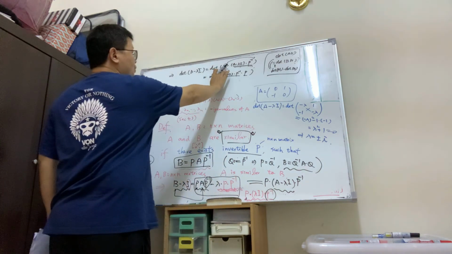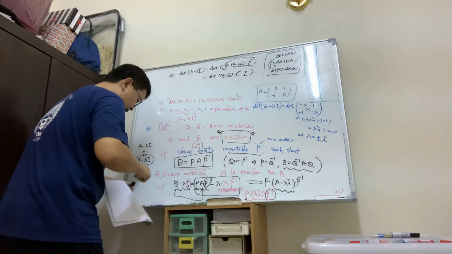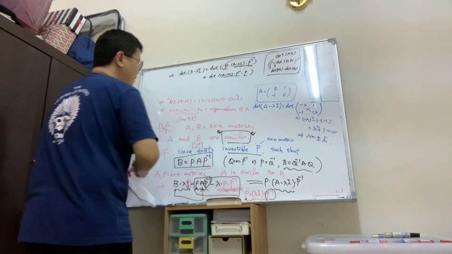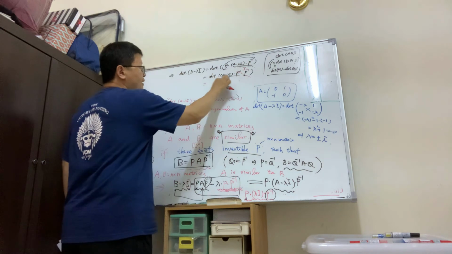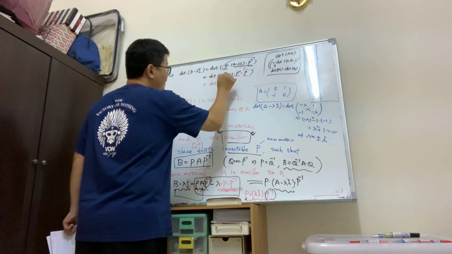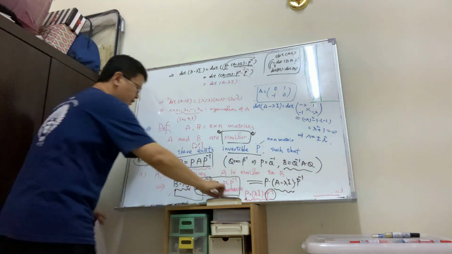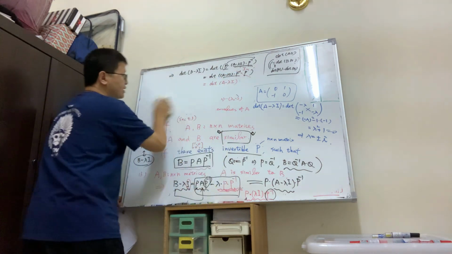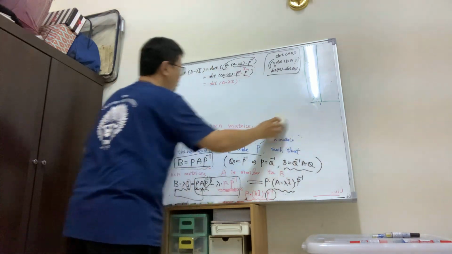So what can we say? P inverse times P is exactly identity. And any matrix times identity is exactly itself. So indeed we have this one. The determinant of B minus lambda I equals the determinant of A minus lambda I.